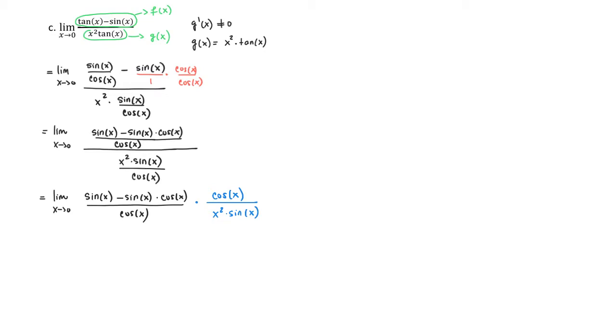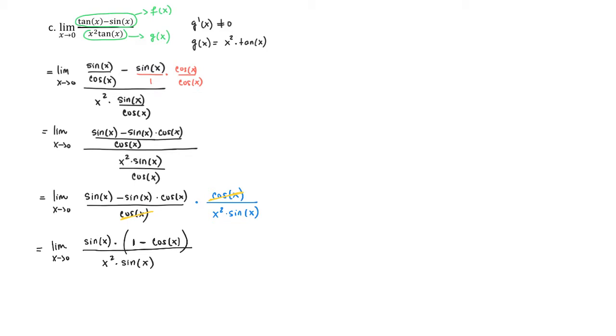Then we can nicely cancel cosines over here. And then if I factor sine from the numerator, I am going to have sine x times 1 minus cosine of x. All this will be divided by x squared times sine x.